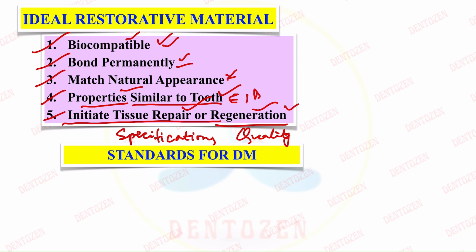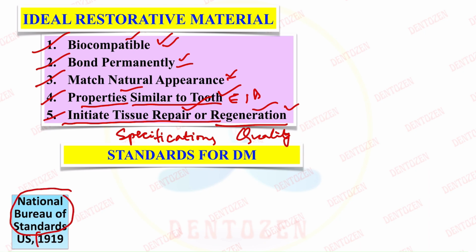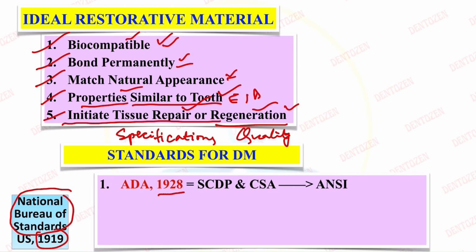So earliest standards in US were developed by National Bureau of Standards in 1919, but by 1928 this responsibility was taken by ADA. ADA is American Dental Association. Now this ADA sponsors further 2 committees. The first one is the Standards Committee for Dental Products.